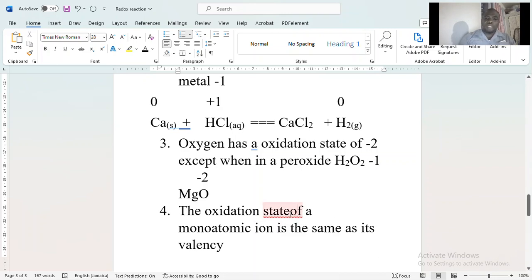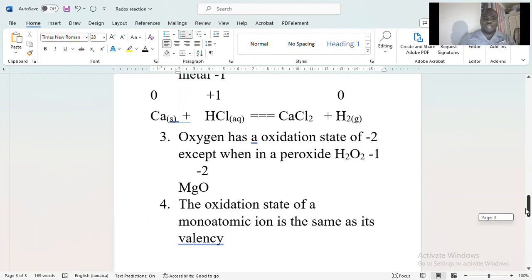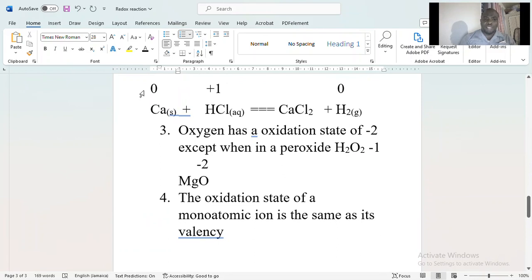We spoke about that earlier on when we looked at magnesium. We said that really and truly magnesium is from group 2, so when it forms that ion. So if we look at an ionic compound, right here again, let me bring this one down.